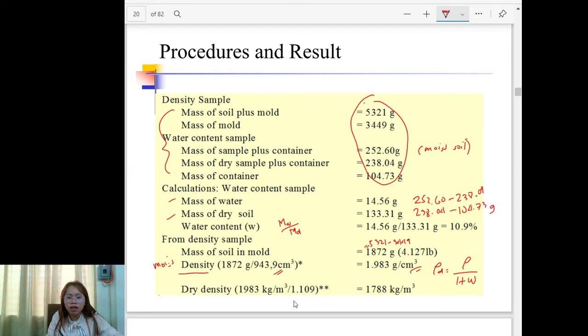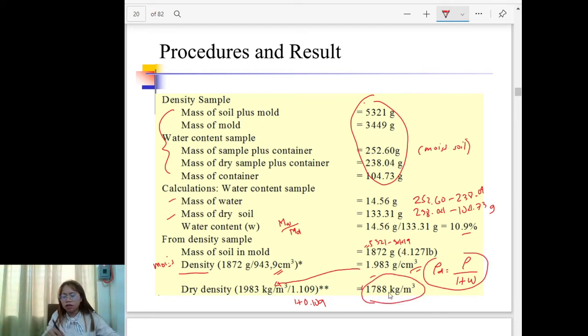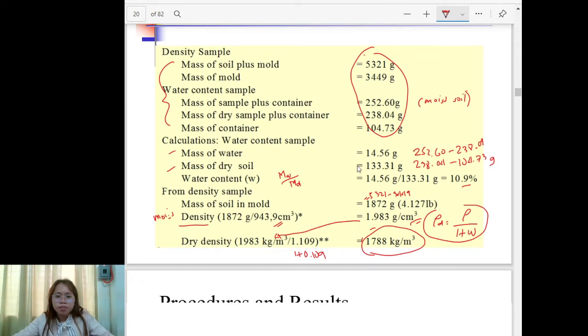This is 1 plus the water content, which is equal to 10.9%, or 0.109. Because the dry density is this formula, we obtain the dry density as this answer.